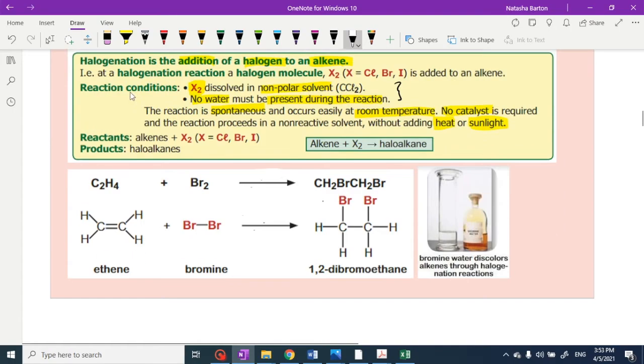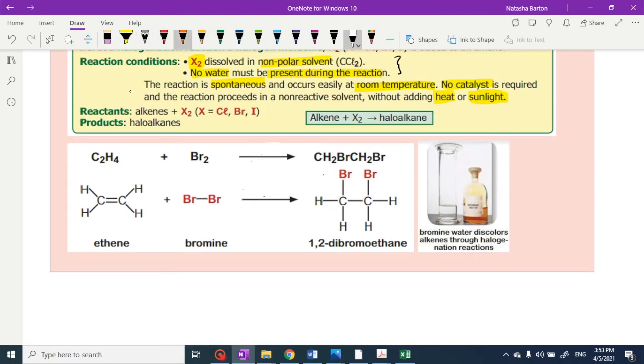So this is an example from your textbook. Before I get to that though, the general equation that will take place: an alkene will react with some halogen. So you're going to write where X is equal to Cl, or it might be Br, or it might be F, or it might be I, in order to form a haloalkane.